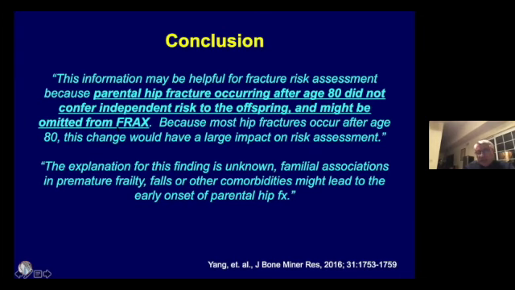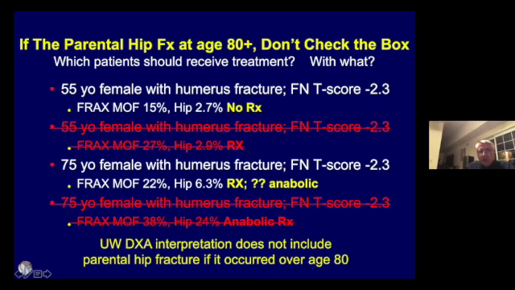And so the two patients that I shared with you both had their FRAX calculation initially including a parental history of hip fracture, one at age 85, one at age 90. And when you get rid of those, you're left with this patient, yes, she's had a humeral fracture, she's osteopenic, MOF risk isn't huge, you might consider not treating her.